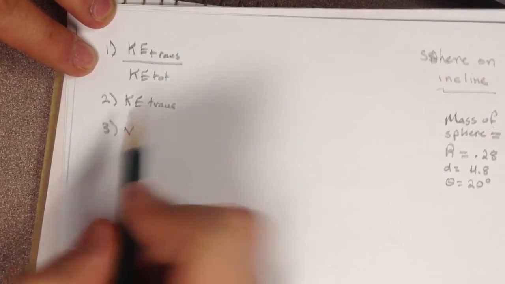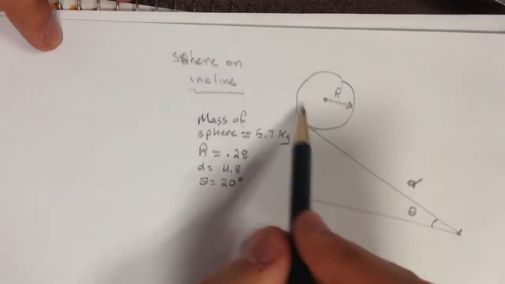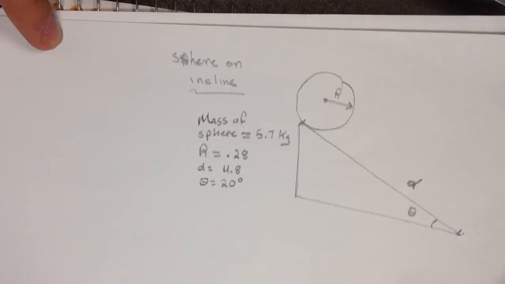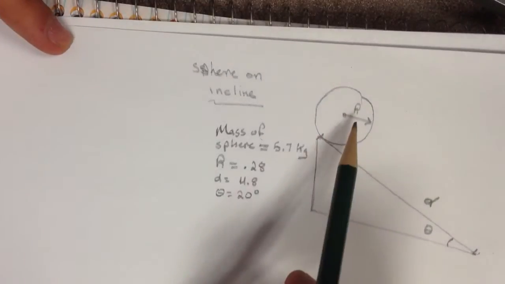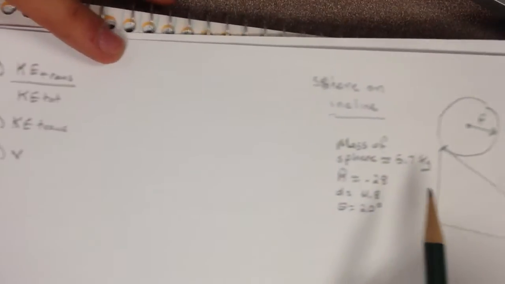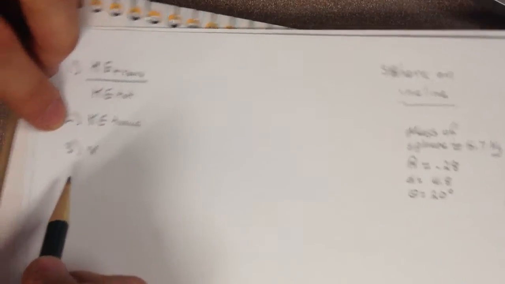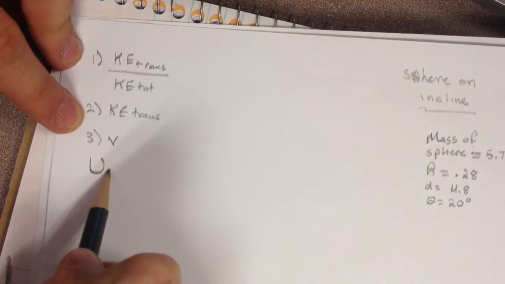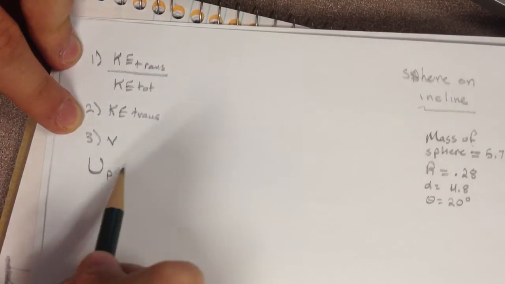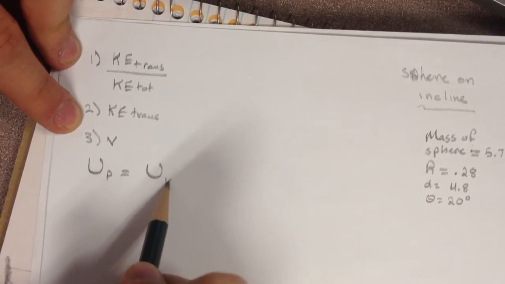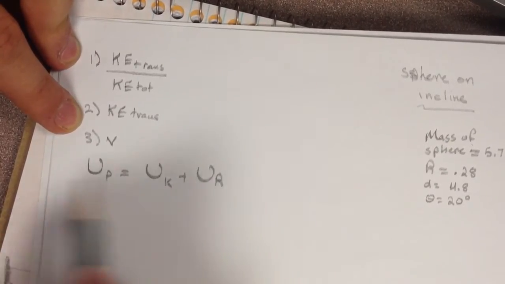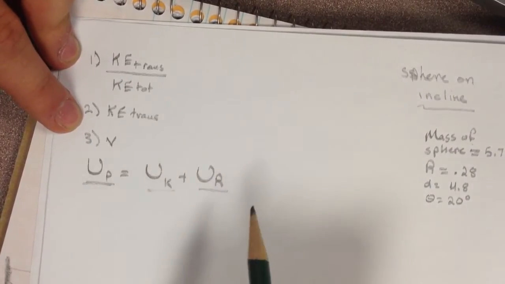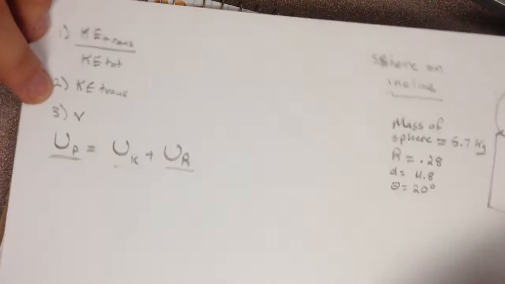So this sphere is going to rotate and go down to this point. What can we say? Since it's rotating and not slipping, the total energy for the system when it's going down is equal to the potential energy, which is KE plus KR, translational kinetic energy plus rotational energy.